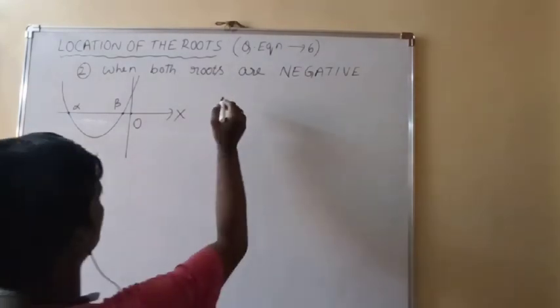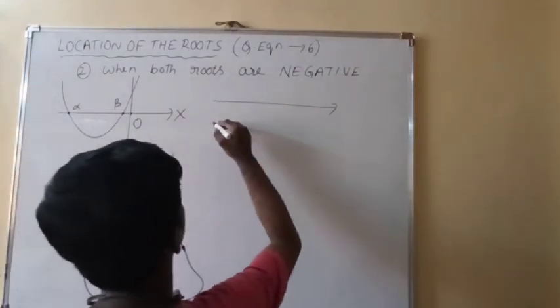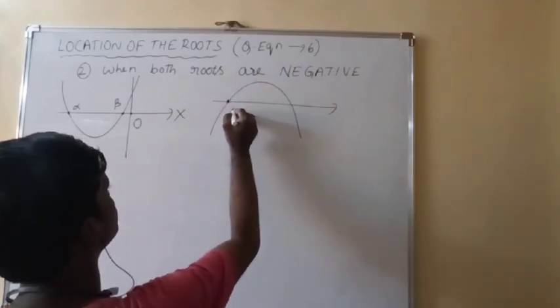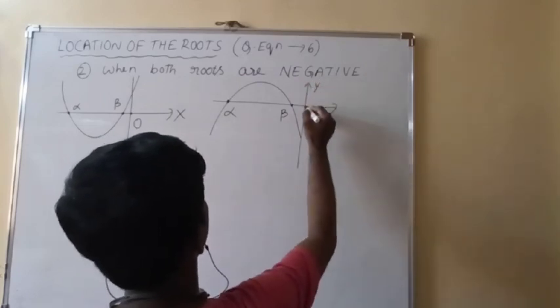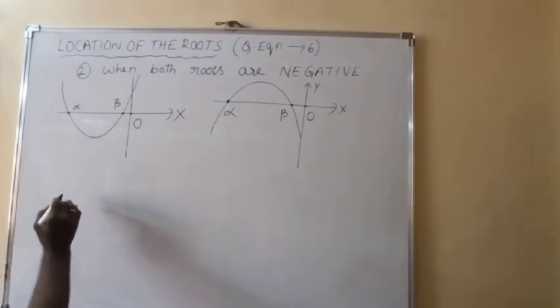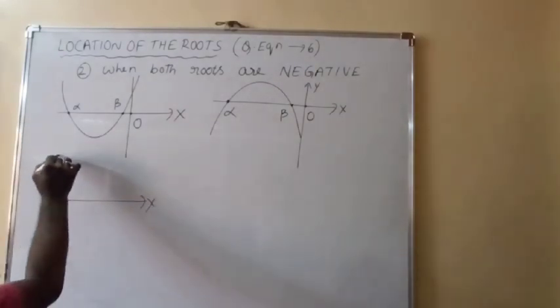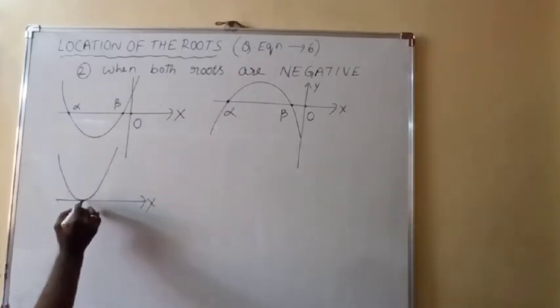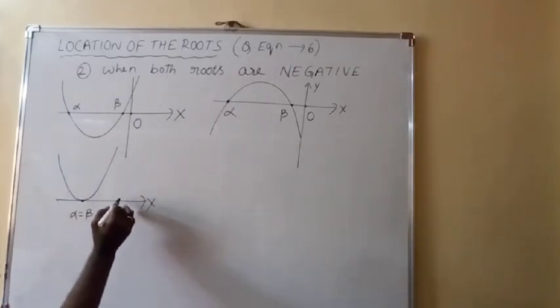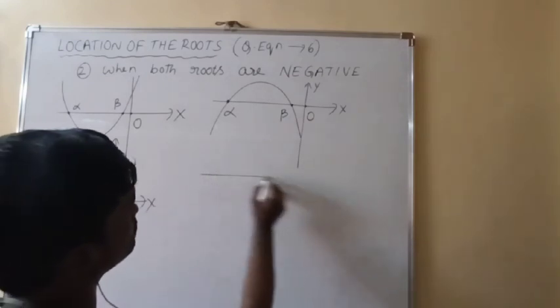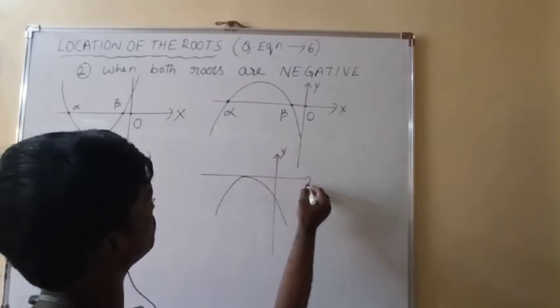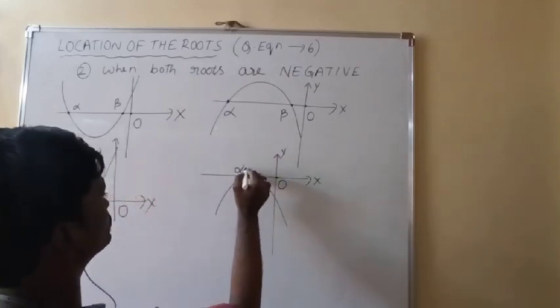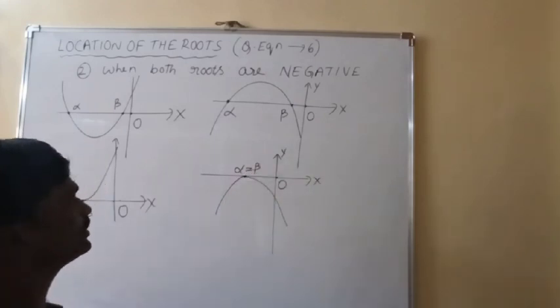Either this case, or you will make it like this, or you may get it like this also, or we'll make it like this also. So this is your alpha, this is your beta.